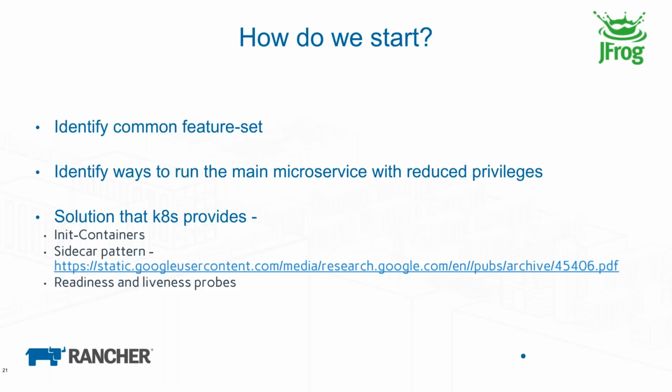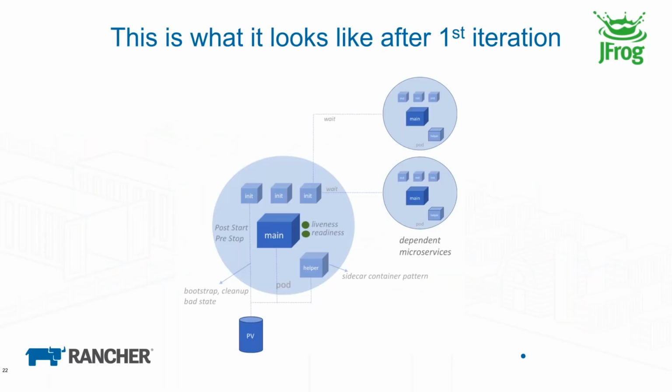So if we go through this initial iteration of the process, you come up with something like this. You've got a volume, you have a main container, you have some subcontainers, you have some dependent microservices, and I know if it's live or if it's ready.